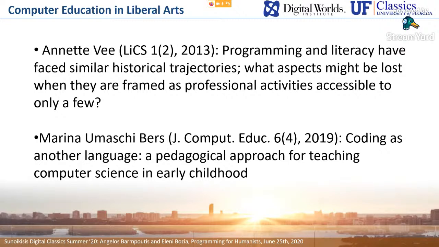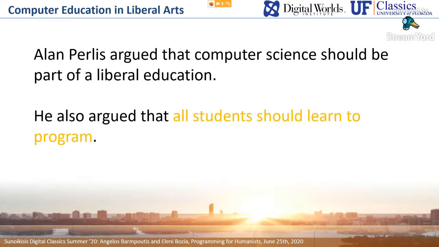Cases have been made, again, in publications and in online fora, for why programming and literacy have similar trajectories, and how we can use coding as a different language, again, not substituting actual language, but providing a different pedagogical approach, going back to early childhood, all the way down to undergraduate education, and why computer science should be a part of liberal education, and ultimately why all students should learn to program.